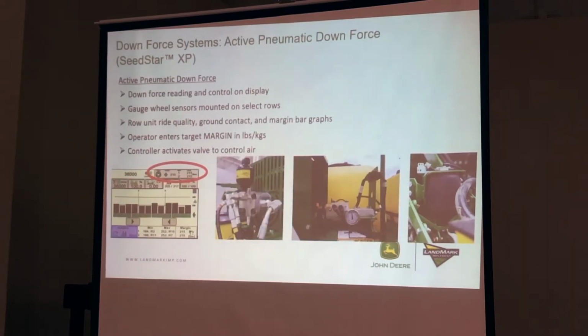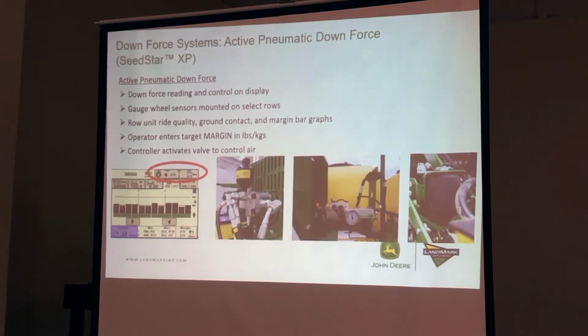Then we get our active pneumatic downforce system, or our SeedStar XP. And this is going to also be the same as the integrated system. It's going to have the gauge wheel sensors mounted on the selected rows. It's going to monitor the row unit ride quality, ground contact, and you're going to have margin bar graphs. The biggest difference on this from the other systems: on the other systems, you're going to be monitoring the pneumatic downforce pressure.